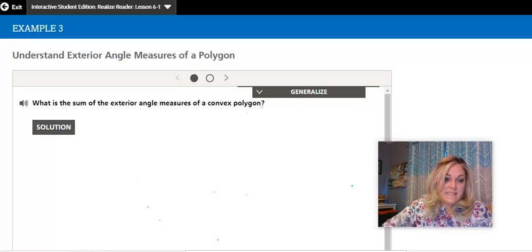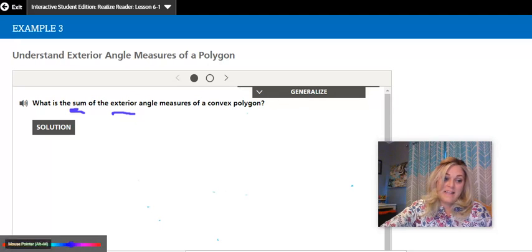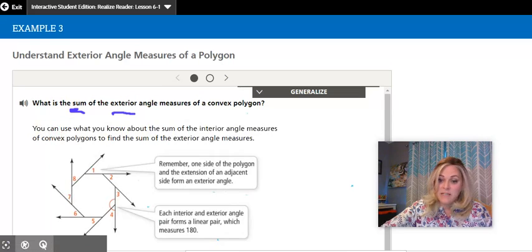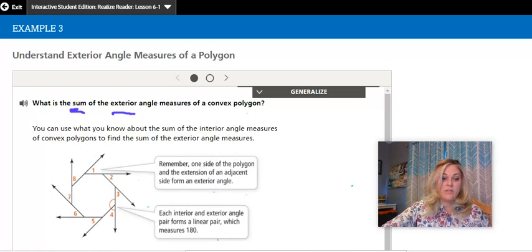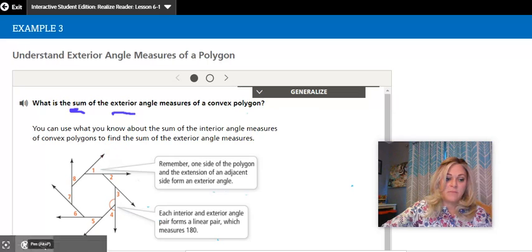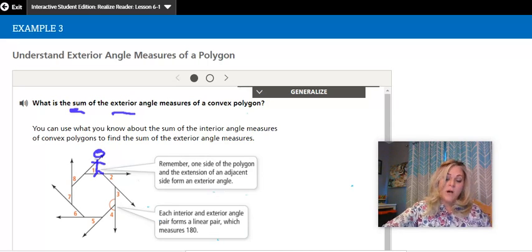Okay, what is the sum? It's talking sum, so remember that's the total, of the exterior angle measure of the convex polygon. Now, we haven't talked about exterior, but it does give you a solution that walks you through it. I think this is really important, and they make it a little bit more complicated than I would. So I want you to visualize this. There's a little man right here, and he's walking, but he's only walking on the exterior angles, and they're numbered.